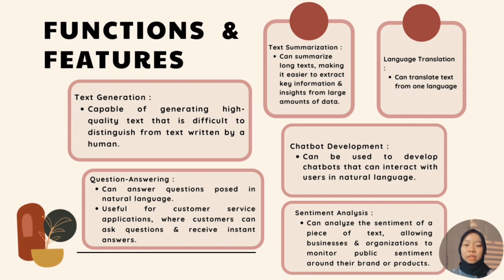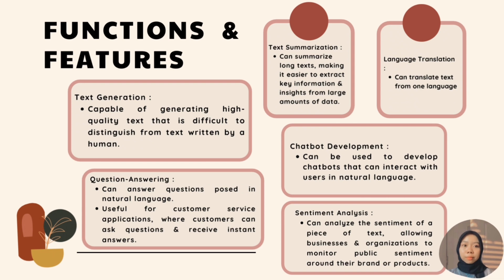This makes it a valuable tool for generating content such as articles, reports, and product descriptions. Next, question answering. It can answer questions posed in natural language. It is useful for customer service applications where customers can ask questions and receive instant answers.